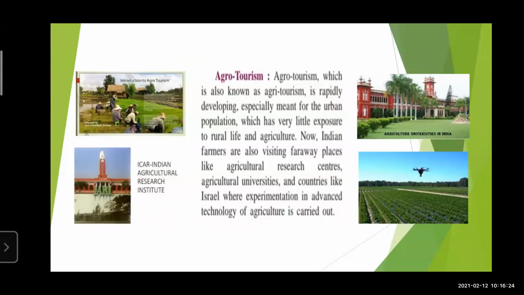There are agricultural universities as well, where one can do BSc in agriculture, genetic plant breeding, animal husbandry, forestry. And visits to countries like Israel are also undertaken, where experimentation in advanced technology of agriculture is carried out. So this is the reason for agro-tourism.